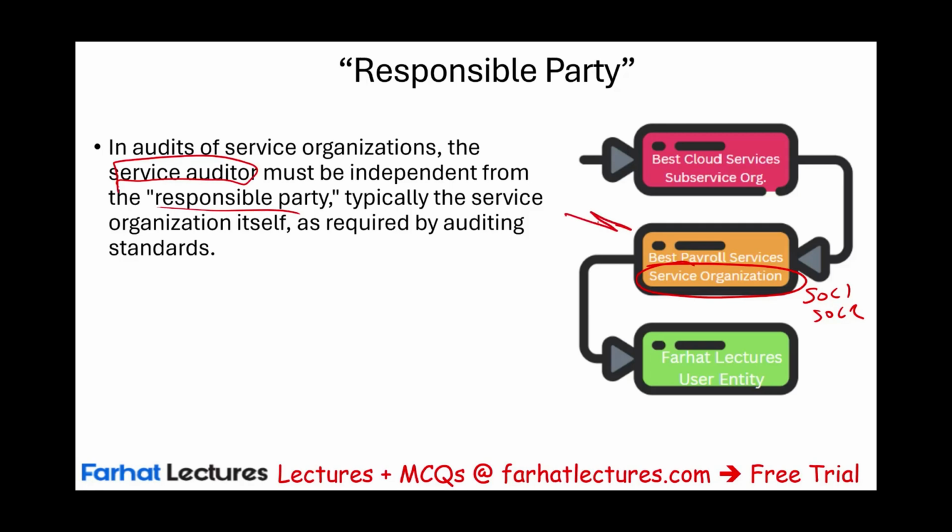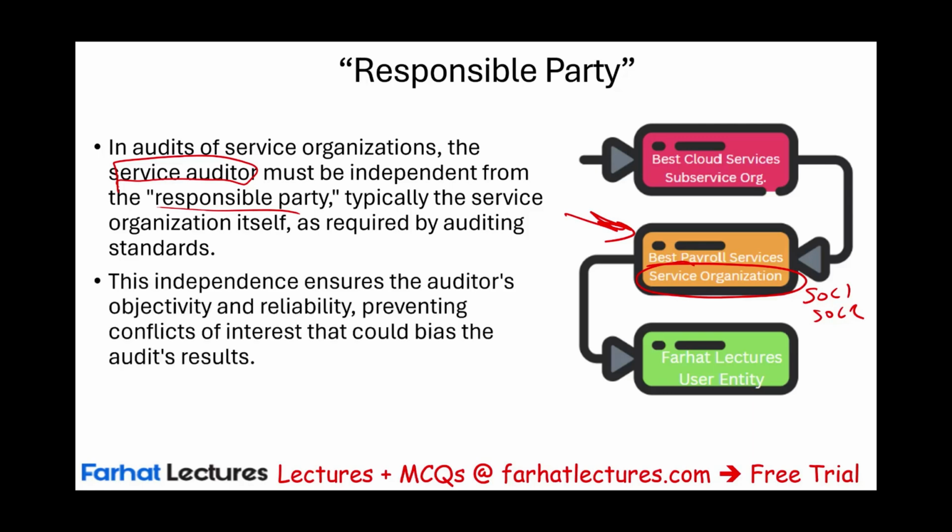Typically, it's the service organization. The service organization itself is hiring the auditor. The independence ensures the auditor's objectivity and reliability, preventing conflict of interest that could bias the audit's result. So they have to be independent from the party that hires them, which is the service organization.